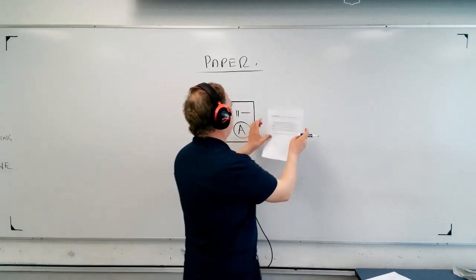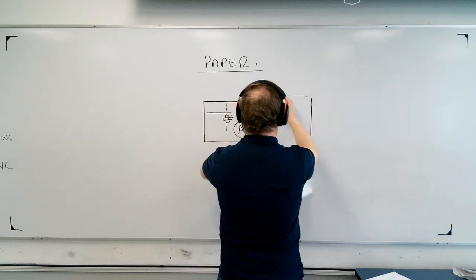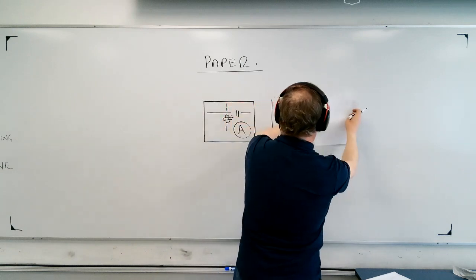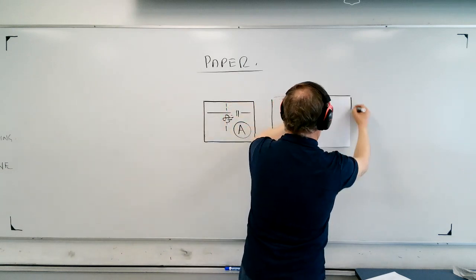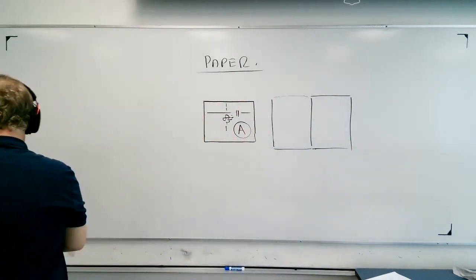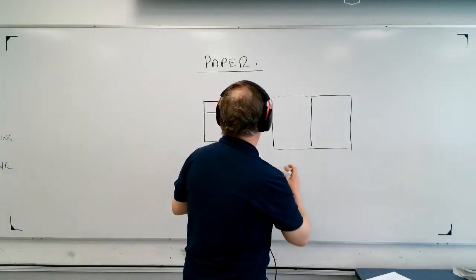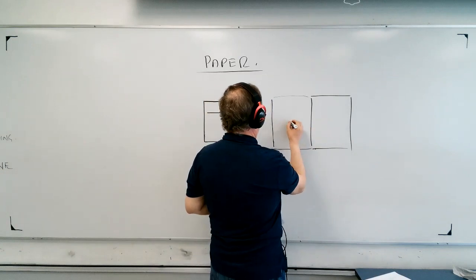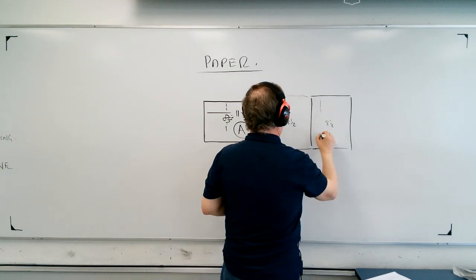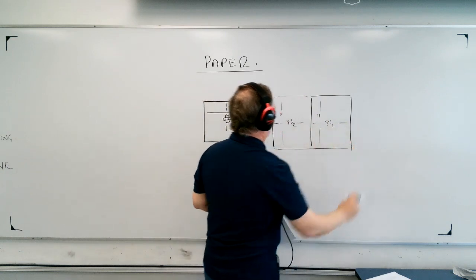Now, if I take this and put another one beside it like this, that's now two pieces of my 8.5 by 11, two sheets.